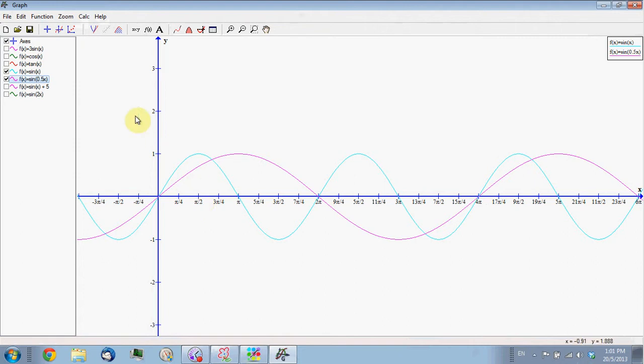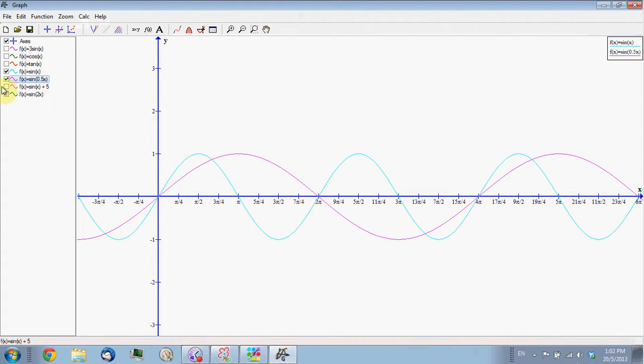For y equals sine 0.5x, the coordinate now is pi, correct? See, 1 is at pi over 2 here, and 1 is at pi here. So the new coordinate equals pi over 2 divided by b, where b is 0.5. So pi over 2 divided by half is actually pi. So that's how you know the scaling factor, alright?